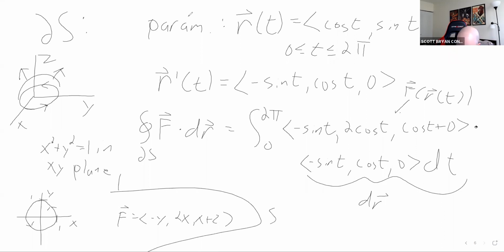Okay, so taking the dot product, we get the integral from 0 to 2 pi. Negative sine t times negative sine t is sine squared t. 2 cos t times cos t is plus 2 cos squared t, and then plus 0. You could simplify this if you like. Sine squared plus cos squared is 1, and then we're left with another cos squared.